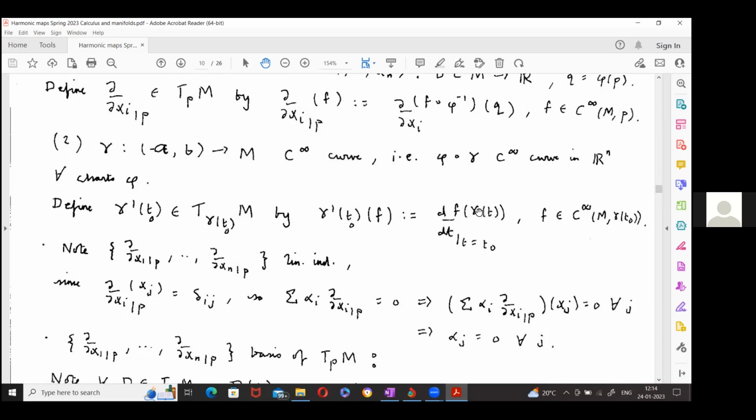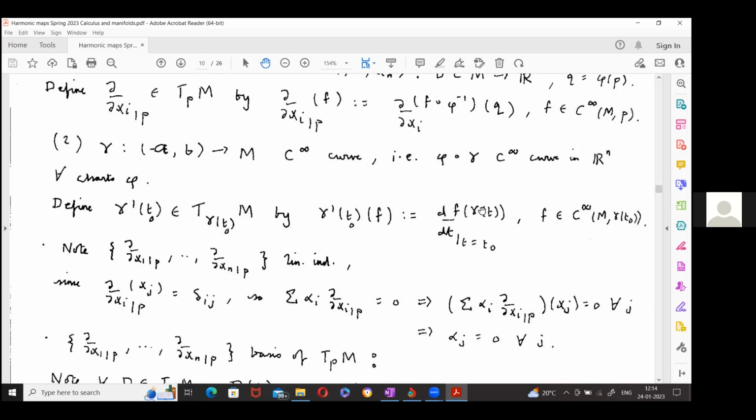The point is, because gamma is a smooth curve in M and f is a smooth function on M, f composed gamma will be a smooth function of t of one variable. Because I can write f composed gamma as f composed phi inverse composed phi composed gamma.